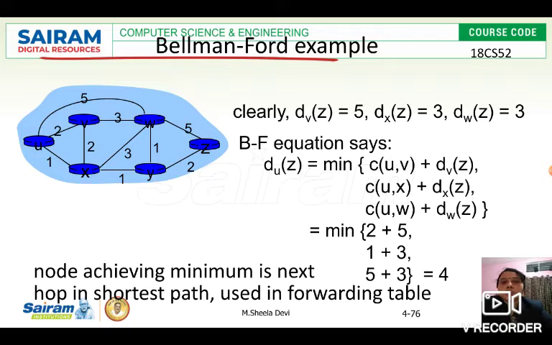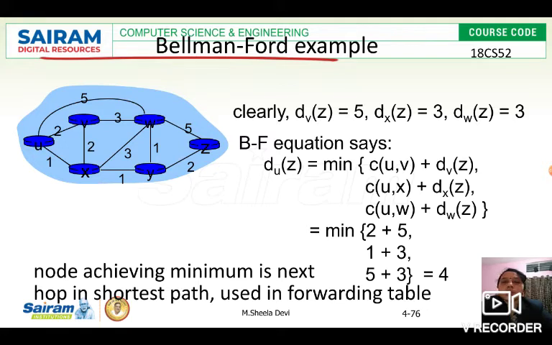Which is equal to 5, and distance of x to z is equal to 3, from x to z. Next, and dw of z is equal to 3. So distance from w to z is equal to 3. Yes or no? Z to w is 3.